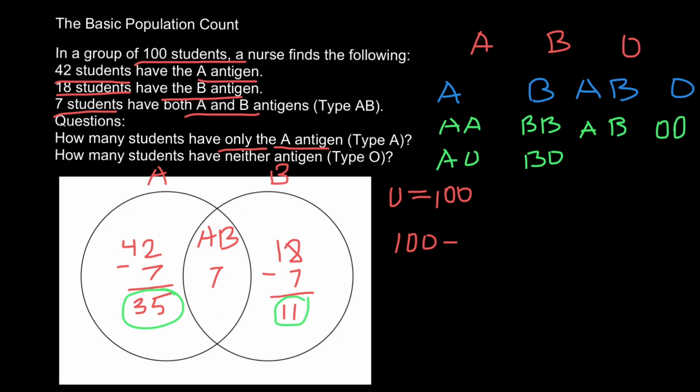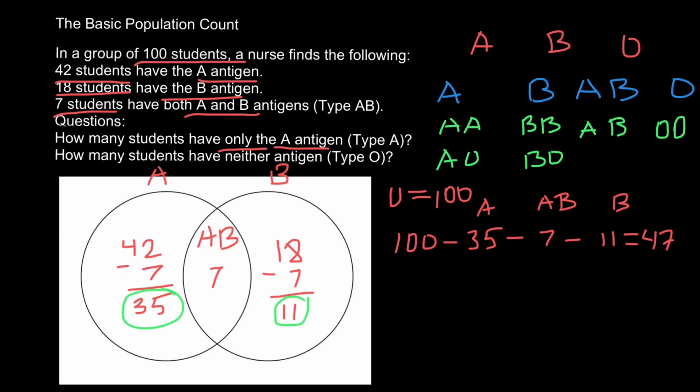So minus those who exclusively have A antigen, which is 35, minus those who have both antigens A and B, which is 7 students. And we also have to subtract those who have only antigen B, which is 11 students.